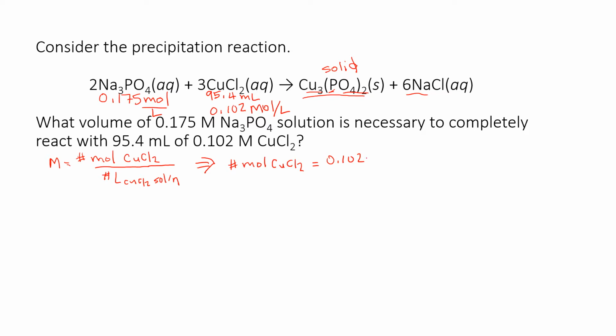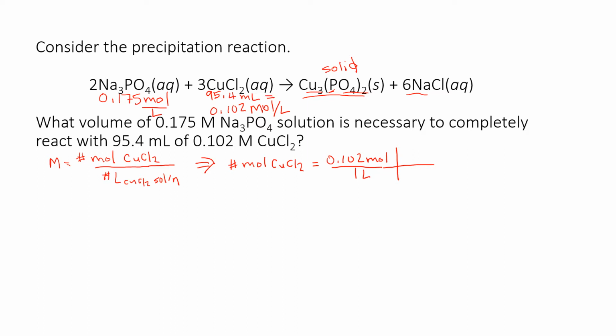0.102 moles per liter of copper 2 chloride solution, and we'll simply multiply that molarity by the volume of the solution. But wait, this is in milliliters. Uh-oh, how do I convert this to liters?